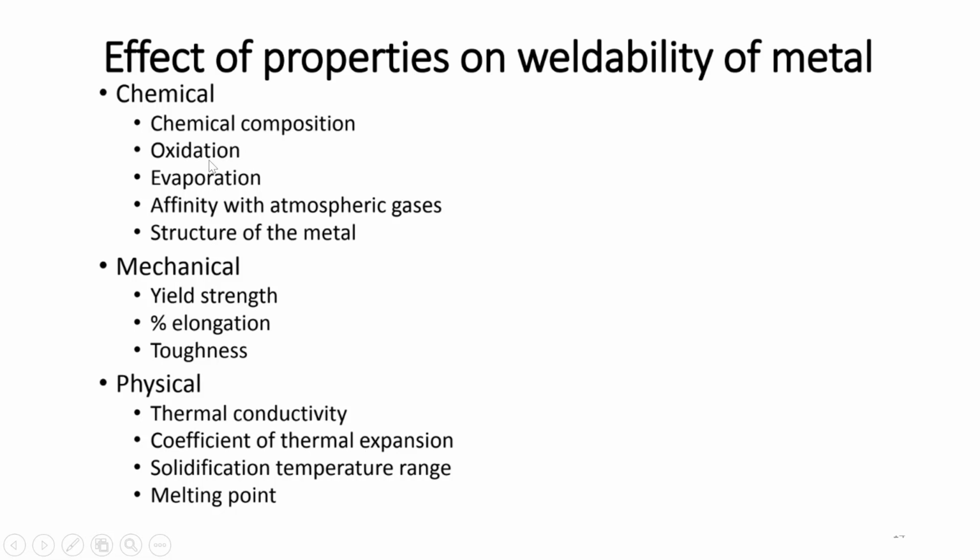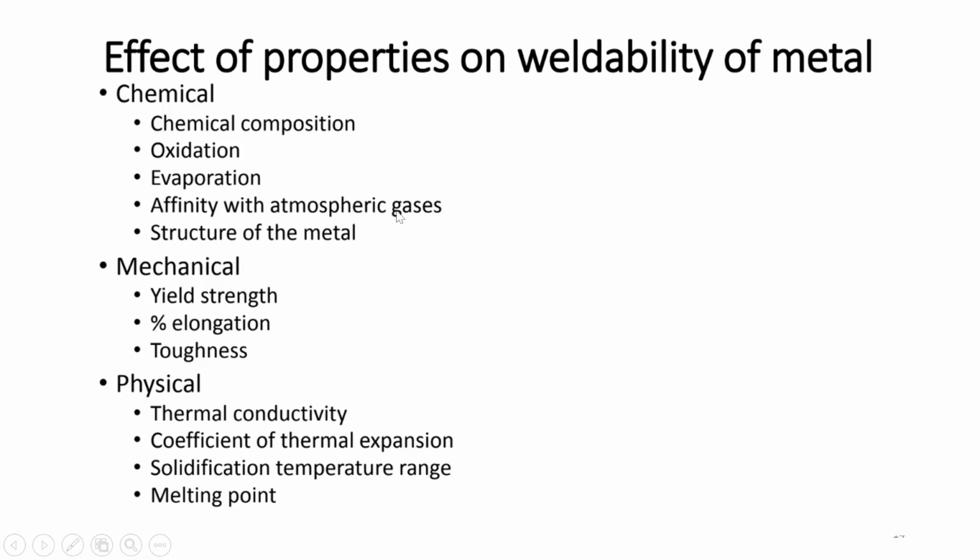Oxidation: if your material is more prone to oxidation during welding, it will have less weldability. Evaporation: if it has a phase which is more likely to evaporate, then it will be less weldable.